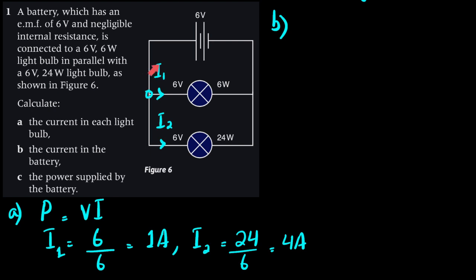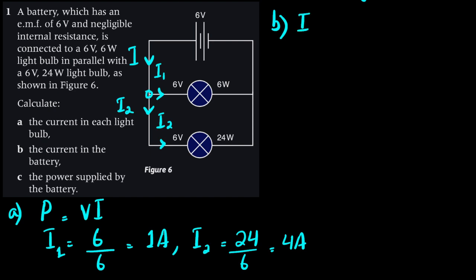So this initial current branches out into I1 and I2. So what would that current entering be? If this current is I, then it's very obvious that this is the current entering, so that must be equal to the current leaving. Just to make this even more clear, this is the current leaving at this junction.